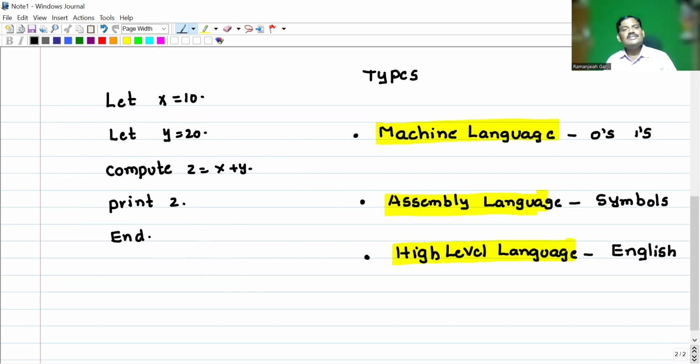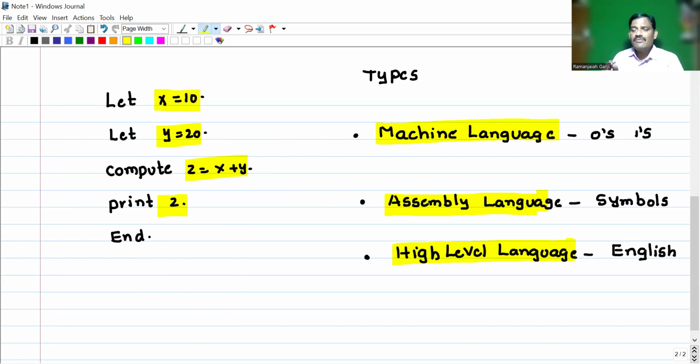How simple this is! Even if you don't have any knowledge of programming, you are able to understand what this program means. Consider x value is 10, y value is 20, calculate z is equal to x plus y. That means 10 plus 20, that will be 30. 30 will be stored in z, and then we are printing the z value and then stop.